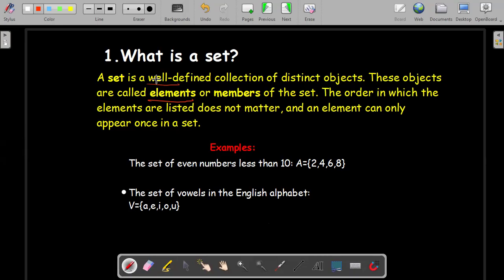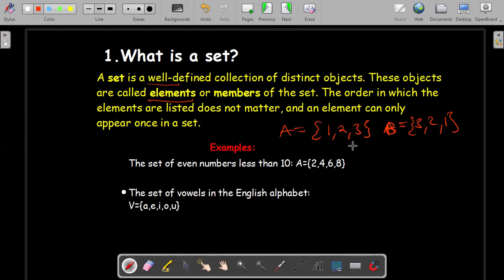Then, the order in which the elements are listed does not really matter. Let's say I have a set A that is 1, 2, 3, and I have a set that is 3, 1, 2. These are just the same thing. Even if I name it B, these sets are just going to be the same.